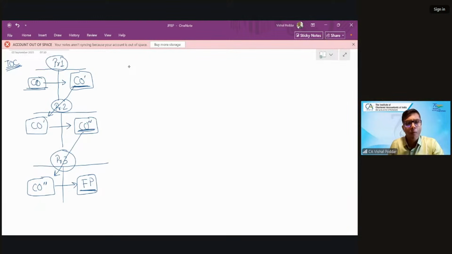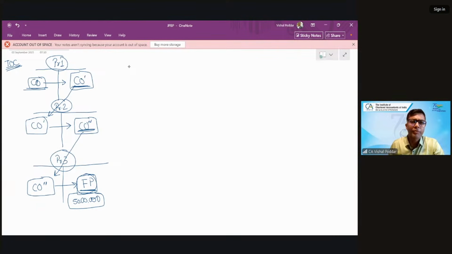You found the total cost of this, let us say rupees 50 lakhs. So your process costing chapter gave you the total cost of the final product that you get by the process method. Correct? Now comes the most important part.